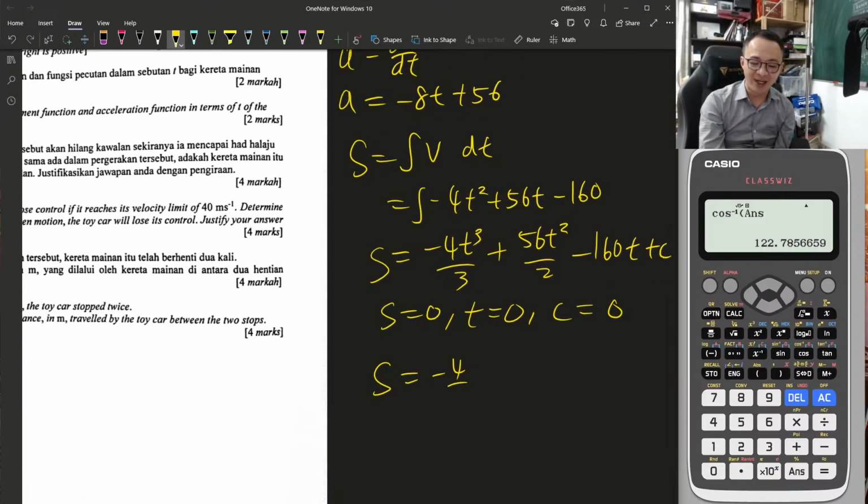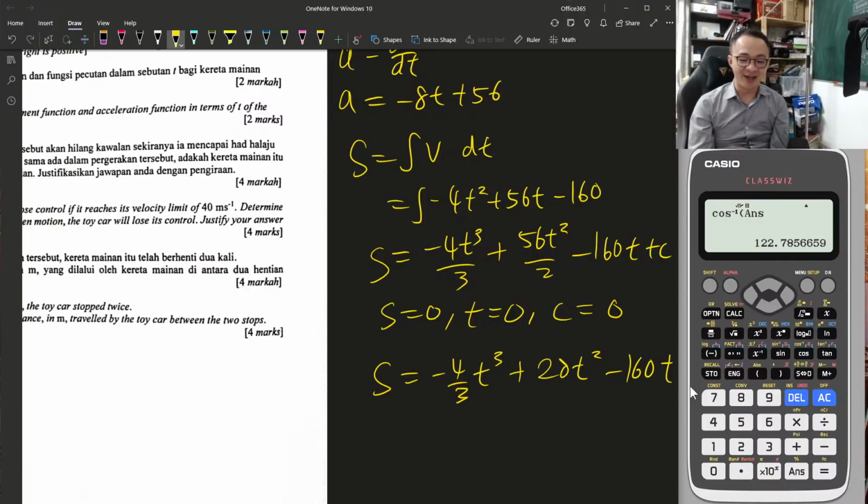I don't know why they give 2 marks for differentiation and integration, it is very crazy. Maybe your teacher thinks differentiating and integrating is very easy, you should know how to do it. Alright, this is my s, and this is A. This is the equation of A and the equation of S.